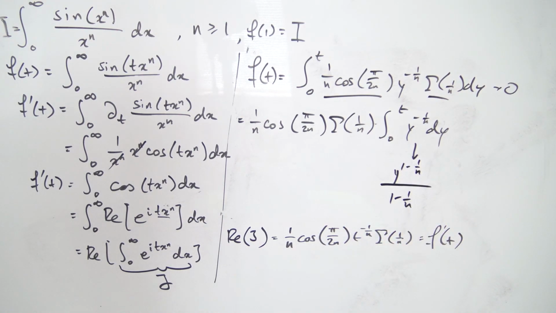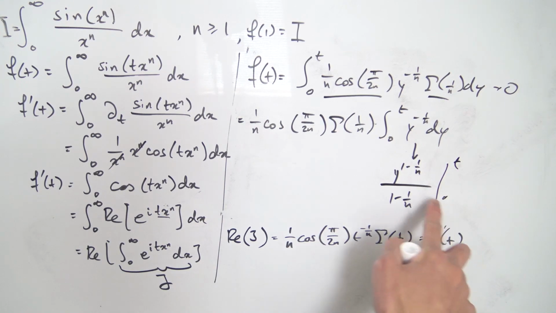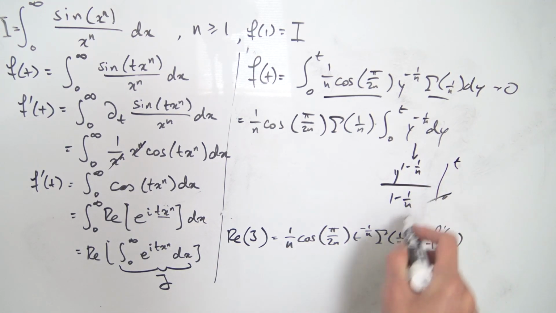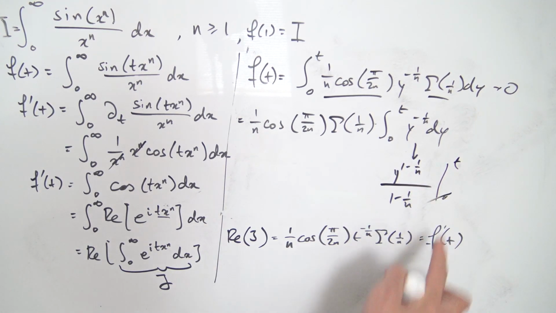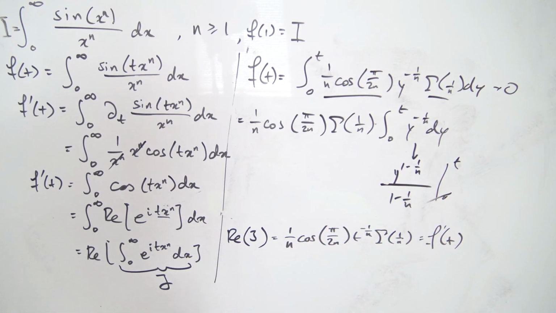So we're just adding 1 to that power right there. And we're evaluating this from 0 to t. If we plug 0 into the y, then it's going to be 0, so we don't have to worry about that. And if we plug t in, well, we're just going to replace y with t. So nothing too crazy happens there.